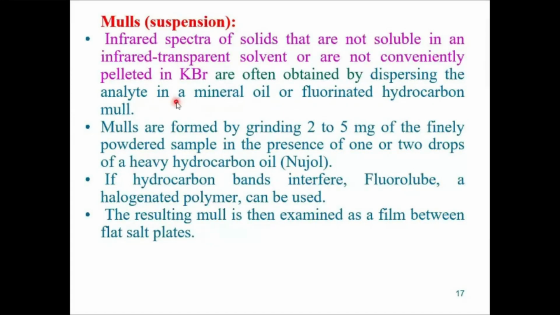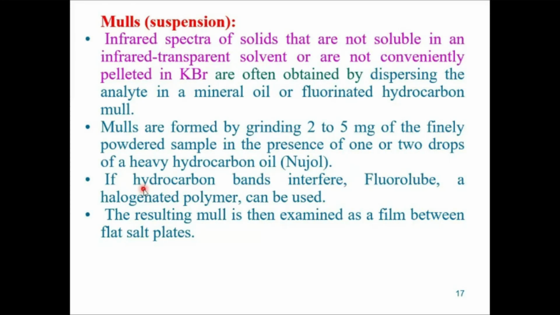So basically, some type of oil or fluorinated hydrocarbons are added to the sample. Then mulls or suspensions are formed by grinding 2 to 5 milligrams of finely powdered sample in the presence of 1 or 2 drops of heavy hydrocarbon oil called Nujol.